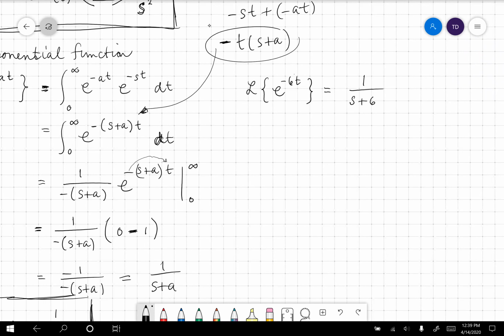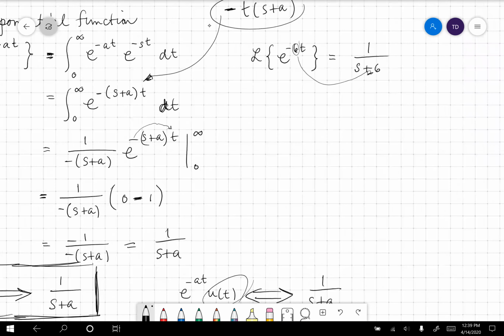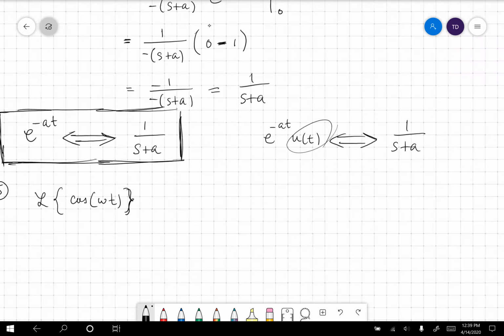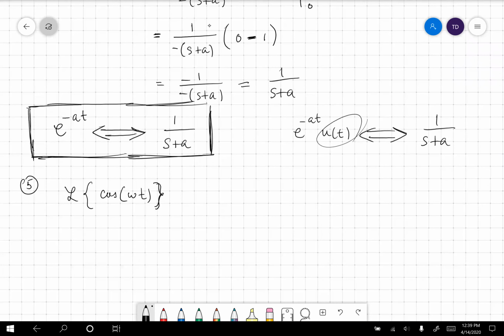That number there goes right down there. Right here, I'm going to do it for general omega, and then we're going to plug in values for omega. So this is equal to the integral from 0 to infinity of cosine of omega t, all times e to the minus st dt.